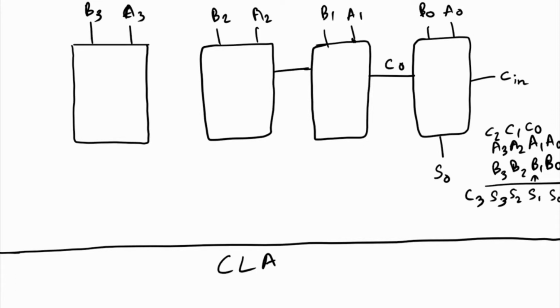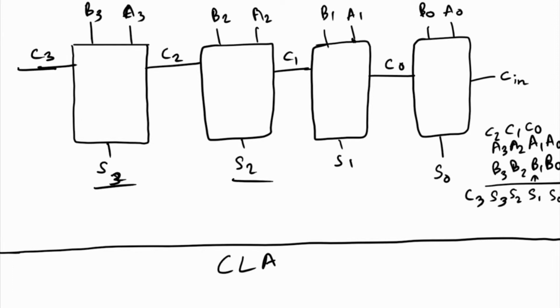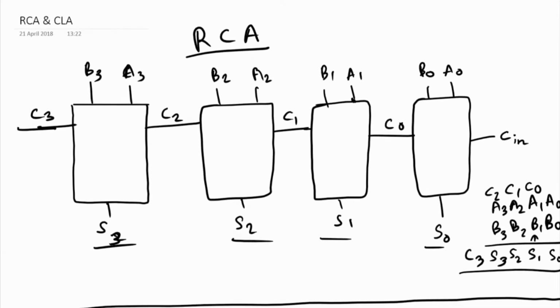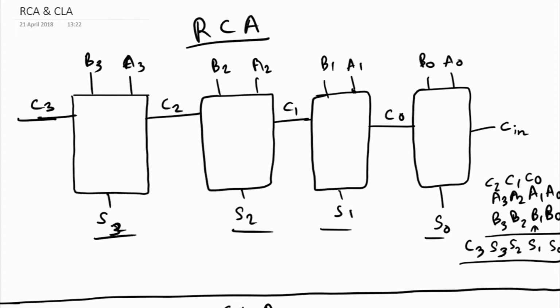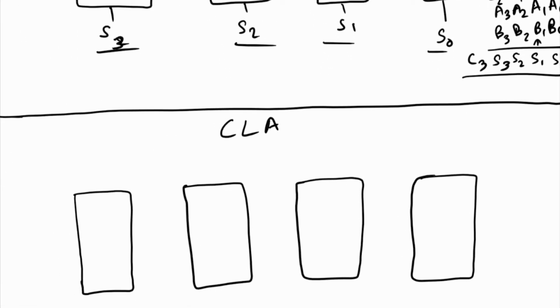So here we'll get C1 and S1, C2 and S2, C3 and S3. These are our 5 outputs which you will get, and this is what a ripple carry adder is. Now moving forward to CLA.